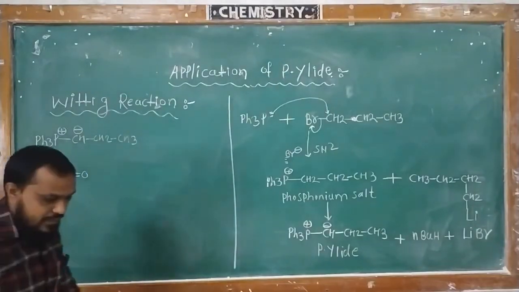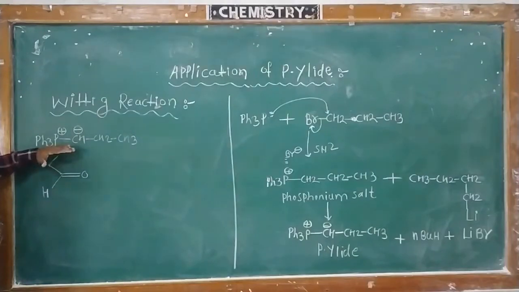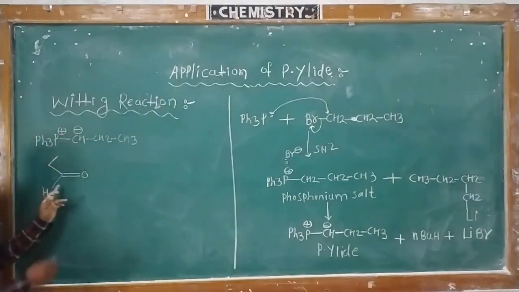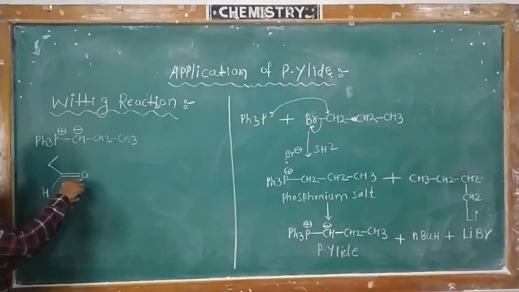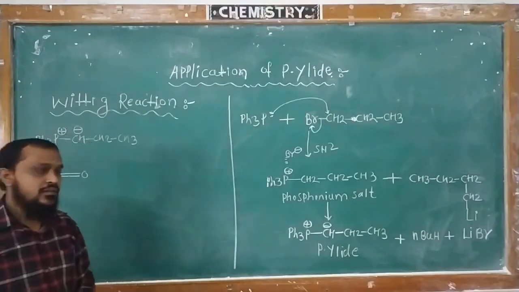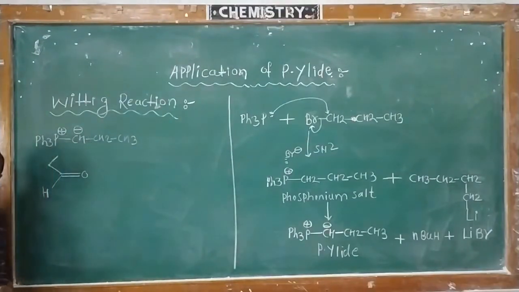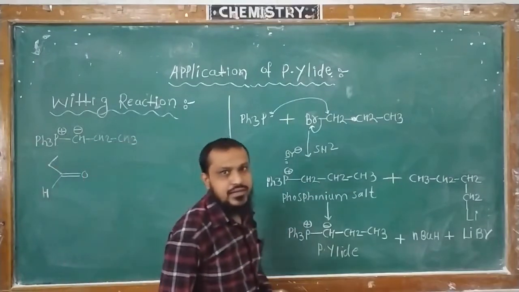So what will happen here? Here the phosphorus ylide is added over the C=O group of the carbonyl compound, like a conjugate addition, and we will get firstly the oxaphosphetane intermediate.